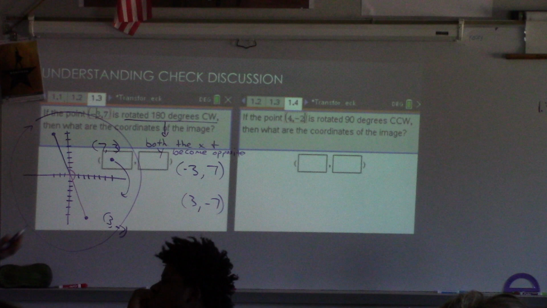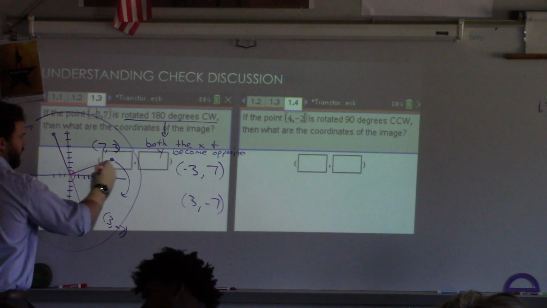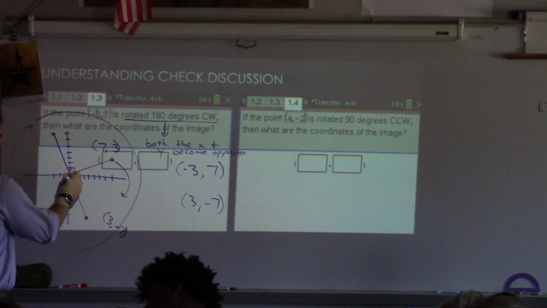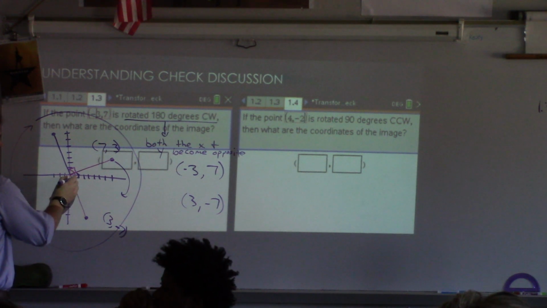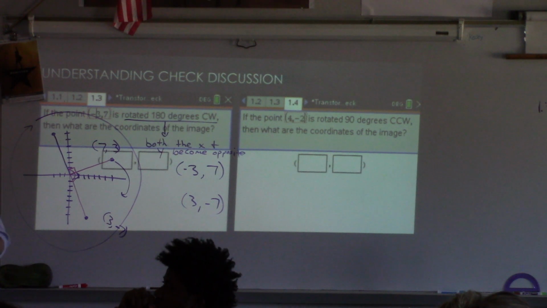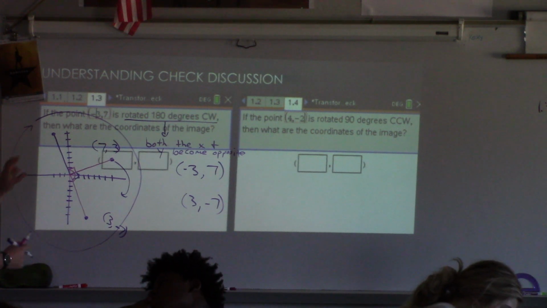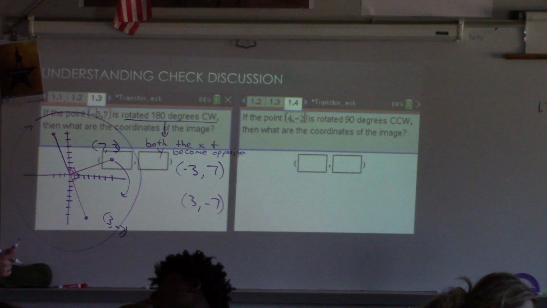Notice if I put a line out to here, I'm creating what kind of angles? 90-degree angles, right? And that is again the point, that we are creating those perpendicular line segments. That's how we know it's a 90-degree angle. And so that's when the x and y switch.